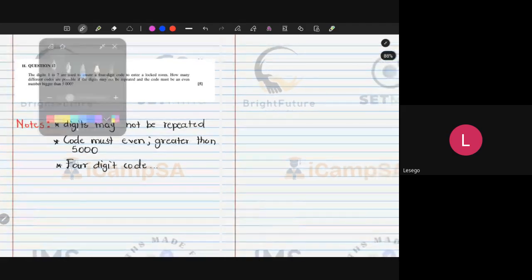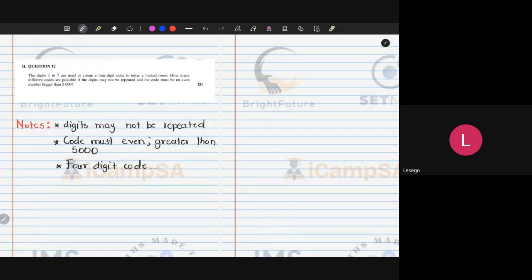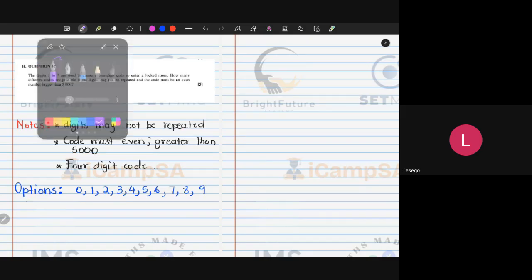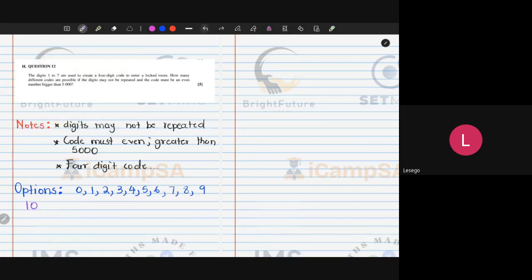The first thing I'm going to outline, guys, is what our options are when we talk of the digits. Our options are obviously 0, 1, 2, 3, 4, 5, 6, 7, 8, and 9. So we have 10 options to choose from.